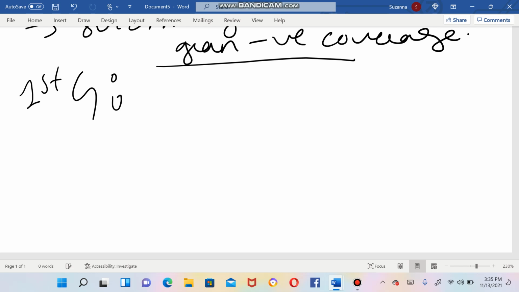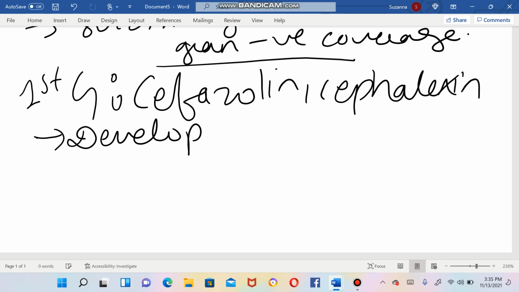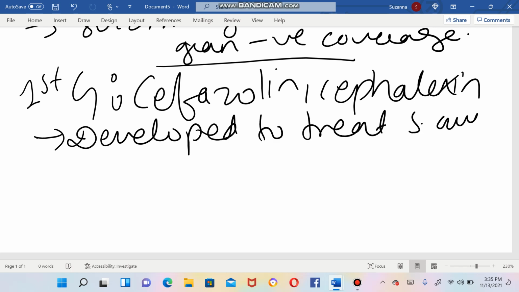Examples of first generation cephalosporin are cefazolin and cefalexin. It was developed to treat Staphylococcus aureus resistant to penicillin.